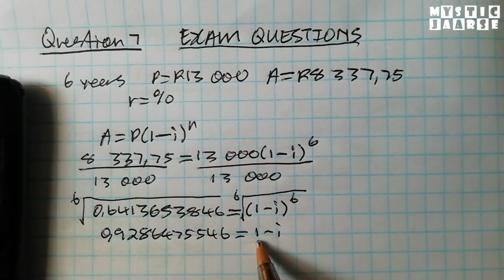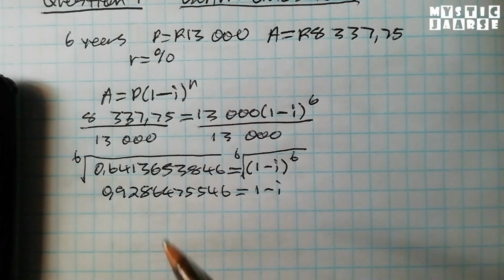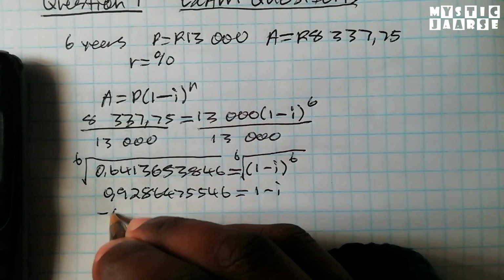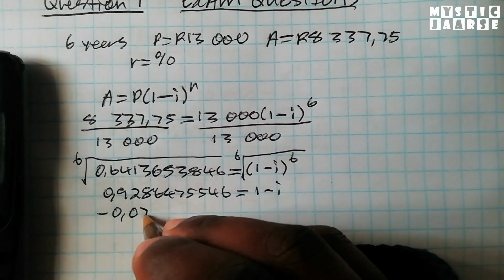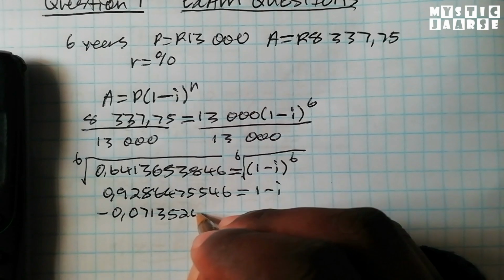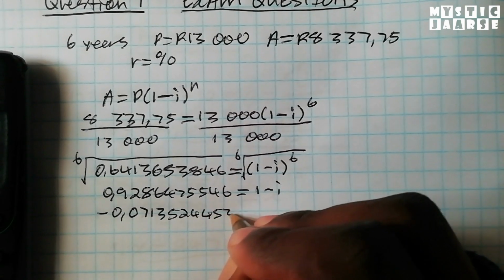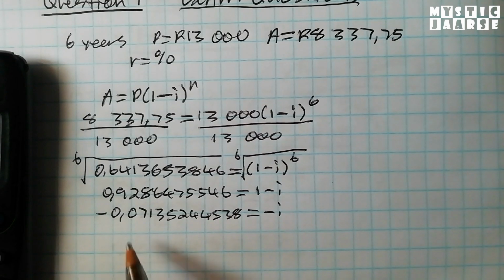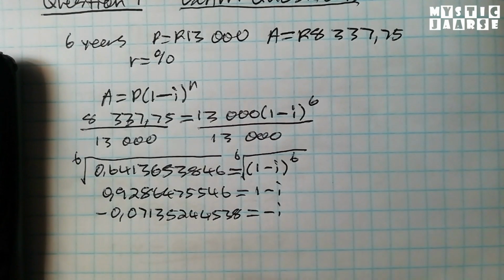We're going to transpose this 1 to this side and it's going to give us answer minus 1. Negative 0.071352445538 is equal to negative i. Now we're going to divide by a negative 1 on both sides because we're looking for positive i.